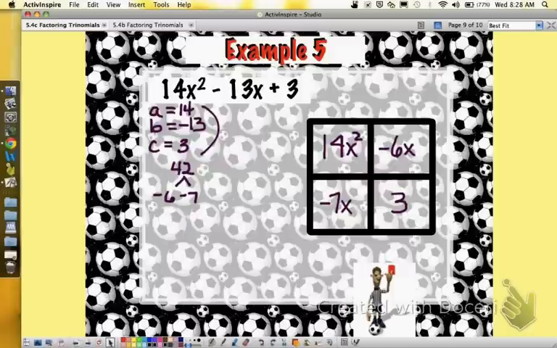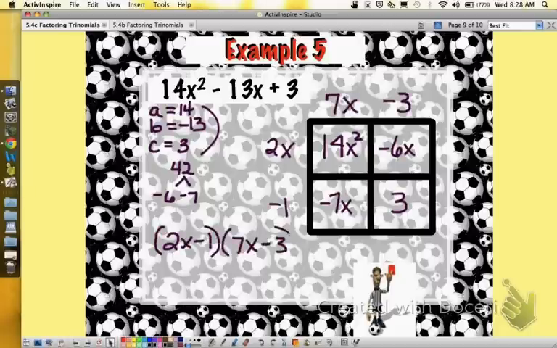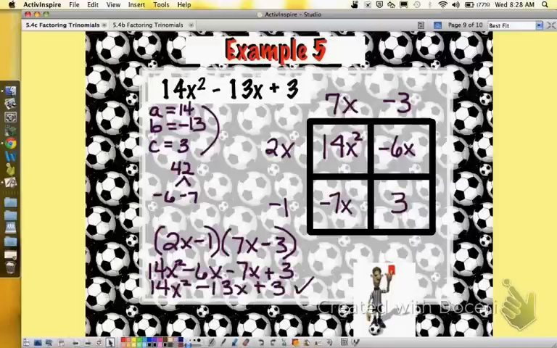And again, you can see that the sum of what's in the box is what you really started with. Take the GCF out of each row, each column, and then throw those back into your binomials. Check it to make sure, and it's done. It's just as easy as that.